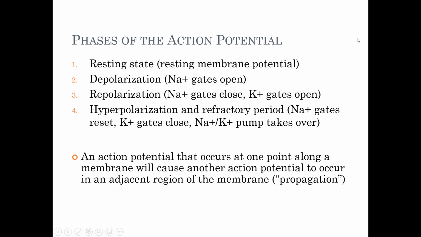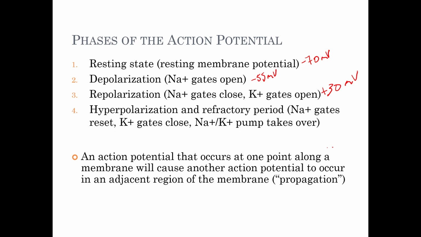Okay, so there are 4 phases of the action potential. We start at a resting state. We remember that resting state happens at minus 70 millivolts. Okay, depolarization, when the sodium gates open, happens at minus 55 millivolts. That's a stimulation for depolarization to occur. Repolarization begins when we get to plus 30 millivolts. This, of course, is the depolarization here.